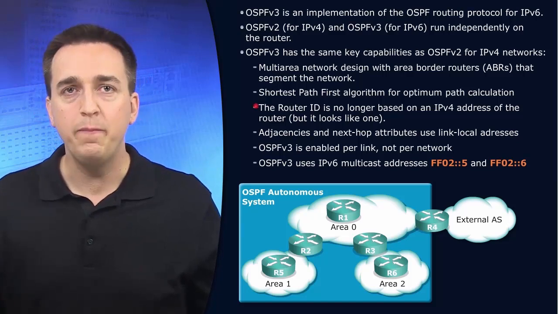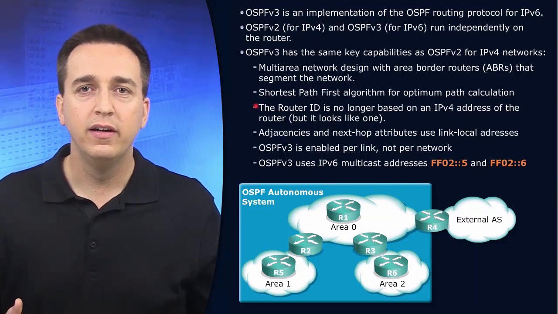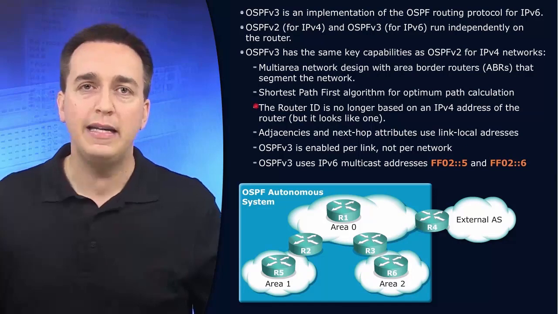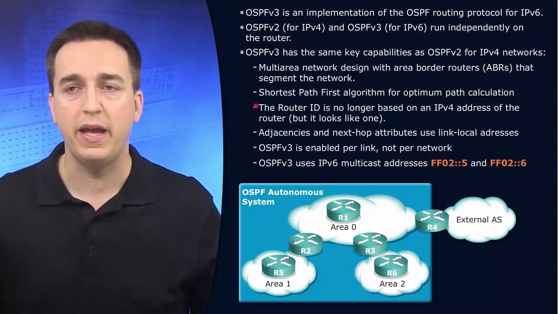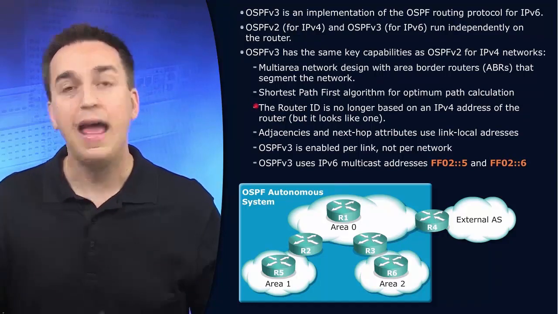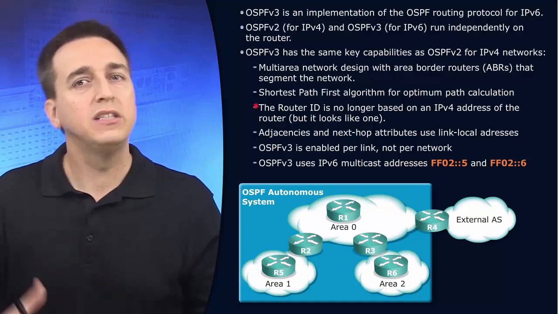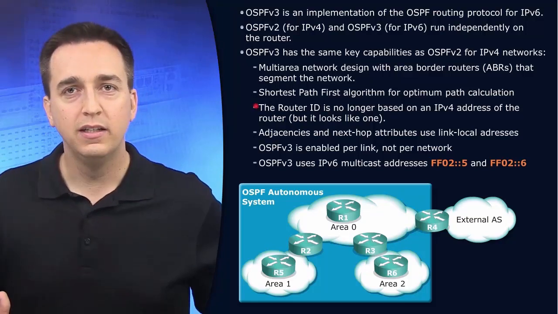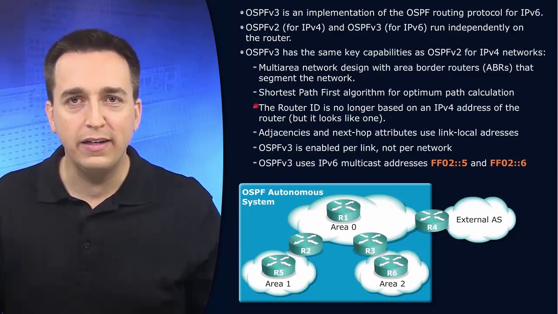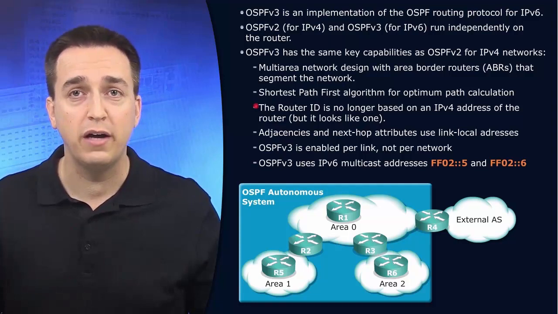So for example, when you start the OSPF process for OSPFv3, you'll put in a router ID manually with the router ID command. And it's going to be in dotted decimal notation, just like an IPv4 address. However, if you don't do that, and there are interfaces with IPv4 addresses, then OSPFv3 will go and look for loopback interfaces, use the highest IPv4 address off of a loopback interface as the router ID.